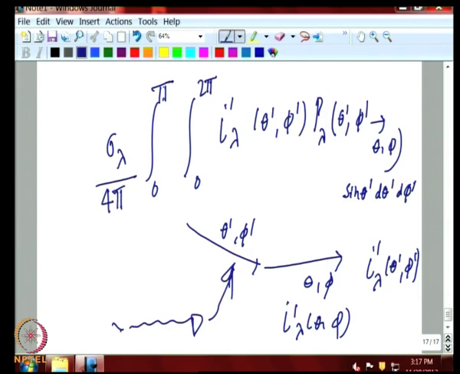So, before we go further into the example, let me write down the expression for radiative flux in an absorbing scattering medium. This is essentially the extension of the derivation which we did earlier for pure gas radiation.